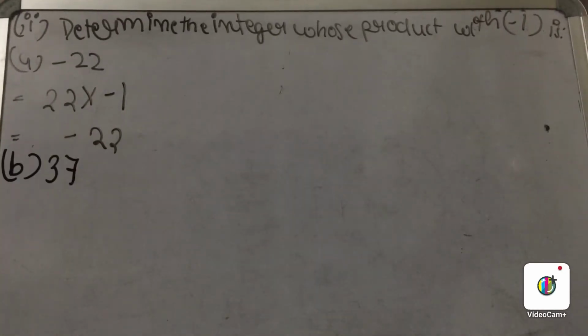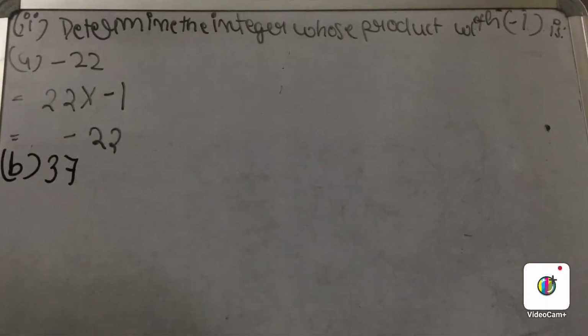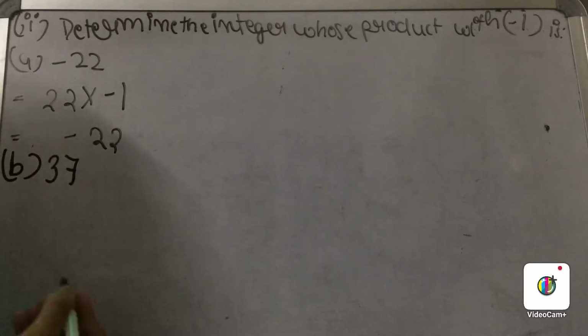And now moving to our B part, what is our B part? 37. So if you find it a little difficult to simply multiply and find the number, you can make the equation of it and solve it easily.